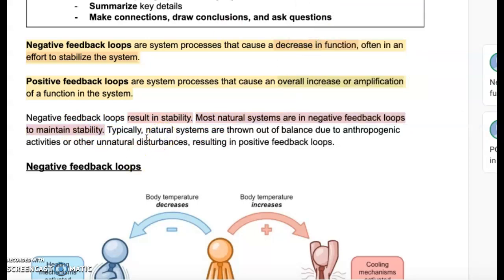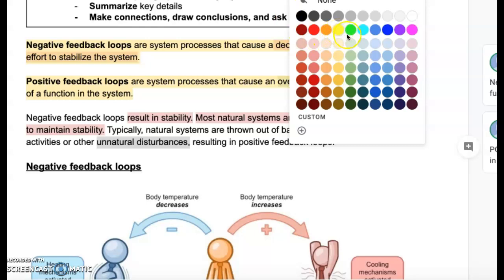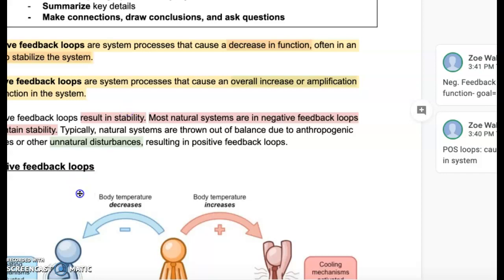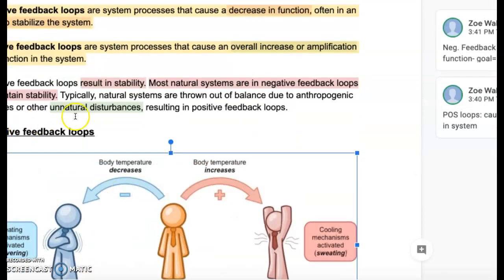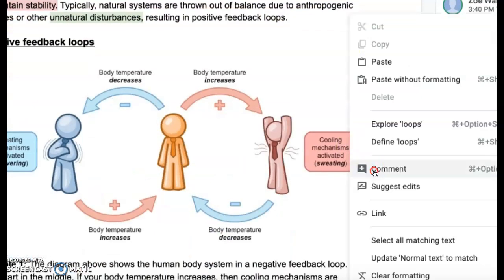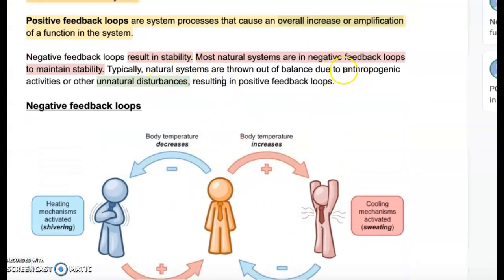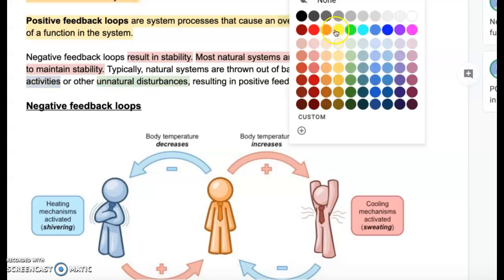Typically, natural systems are thrown out of balance due to anthropogenic, human-caused, activities or other unnatural disturbances, resulting in positive feedback loops. So I'm going to highlight unnatural disturbance in green and anthropogenic activities in green.